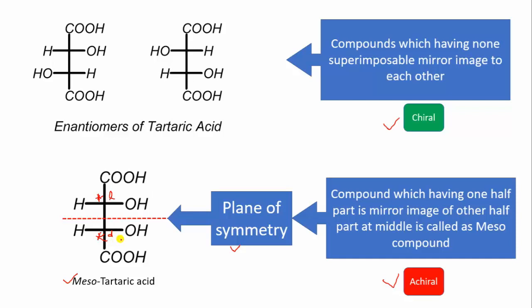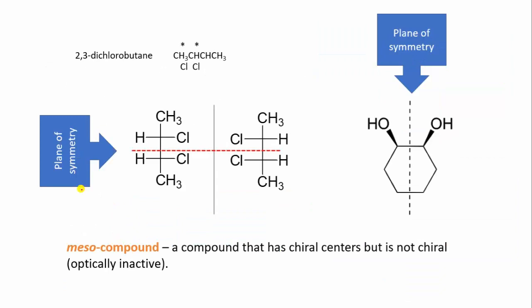So it is optically inactive and becomes achiral. In another example, 2,3-dichlorobutane, and in this cyclic compound, there is also a plane of symmetry. So it is a meso compound even though it contains chiral centers.